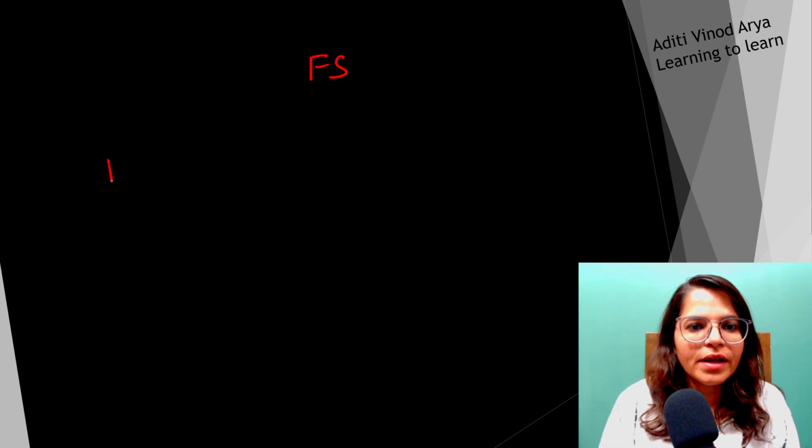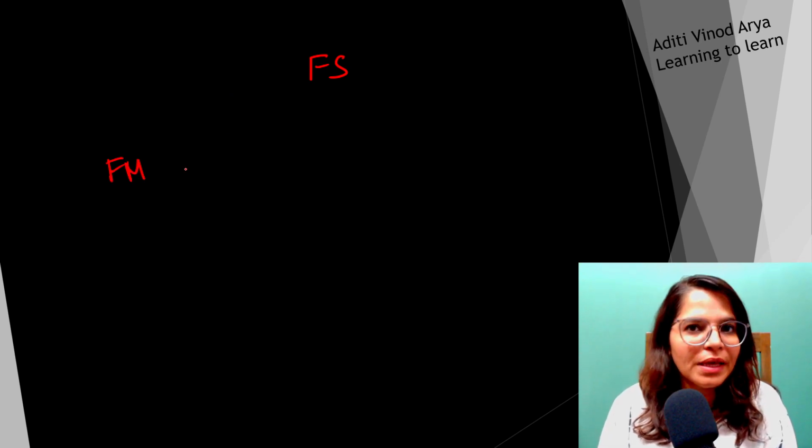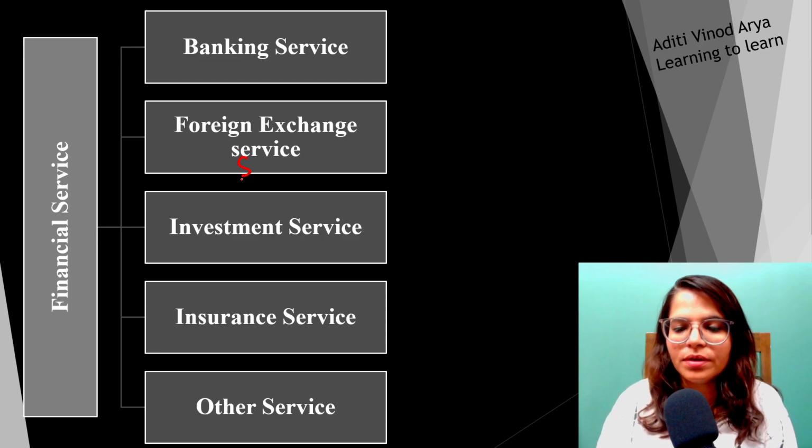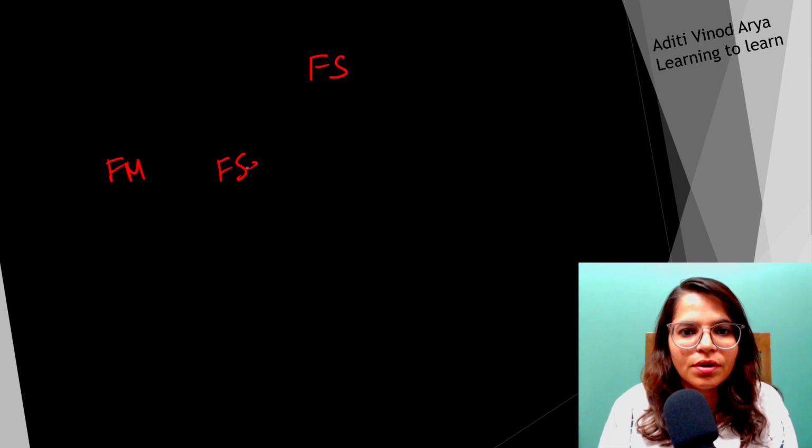Everyone. So today we are going to start with a new topic, or you can say the continuation of the previous video. In the last video we did what are financial systems, and I gave you a brief about financial systems. It includes financial markets, that is a place where sellers and buyers come together to sell and purchase financial securities.